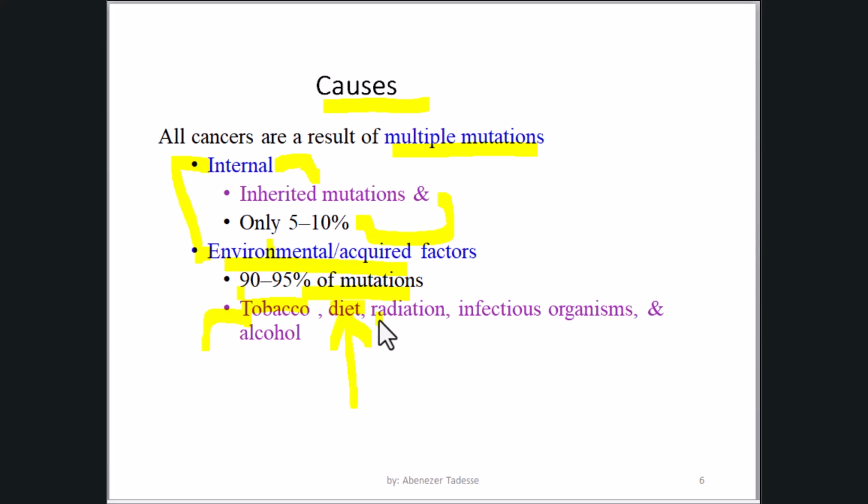The other one is exposure to radiation. When you are exposed to sunlight or UV light, this can result in the development of especially skin cancer. Also, radiation therapies sometimes used for the management of cancer, as well as for various diagnostic purposes, can result in DNA mutation and DNA damage. This can also lead to the development of cancer.